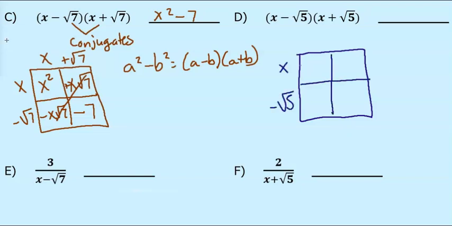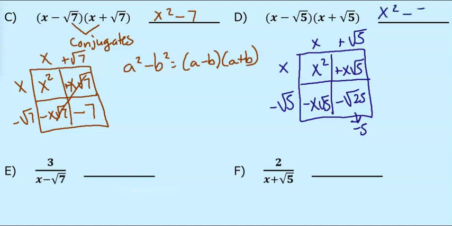X minus square root 5, x plus square root 5, we have x squared plus x square root 5 minus x square root 5, and then minus the square root of 25, which is negative 5. So we have x squared minus 5. That's our simplified expression.